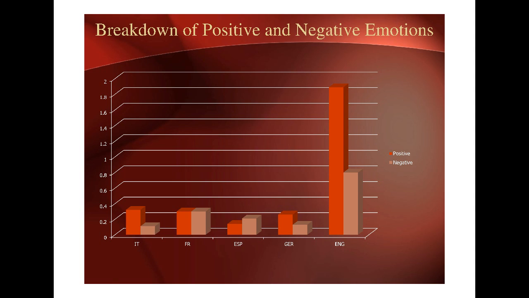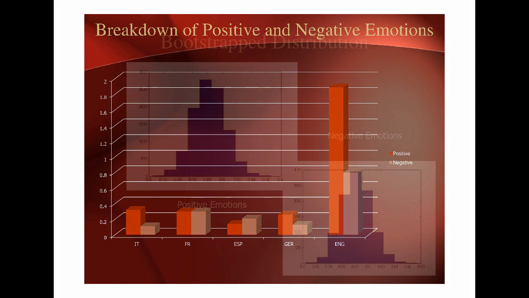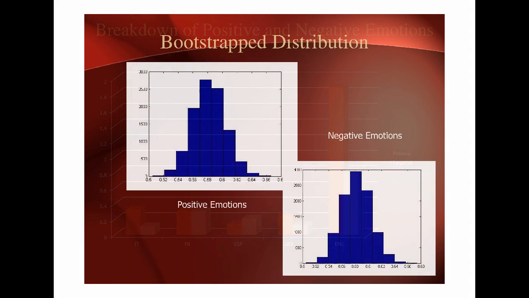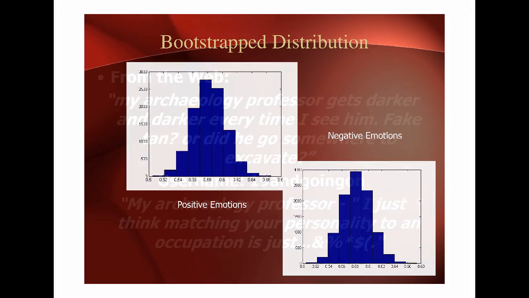I bootstrapped the data again and did the distribution of positive and negative emotions to compare if there is really that much difference. And if you look at these two distributions, they're pretty much the same. So there's not so much difference if you look at this raw data before the statistics. Yes, English obviously is super positive, but then again, English is the most popular language, people tweet and write about everything. So this was the result.